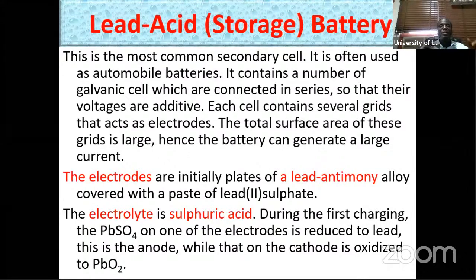So PbSO4 is reduced to lead, and PbSO4 is also oxidized to PbO2. That tells you what type of reaction: proportionation or disproportionation. I'm sure you should be able to answer that.